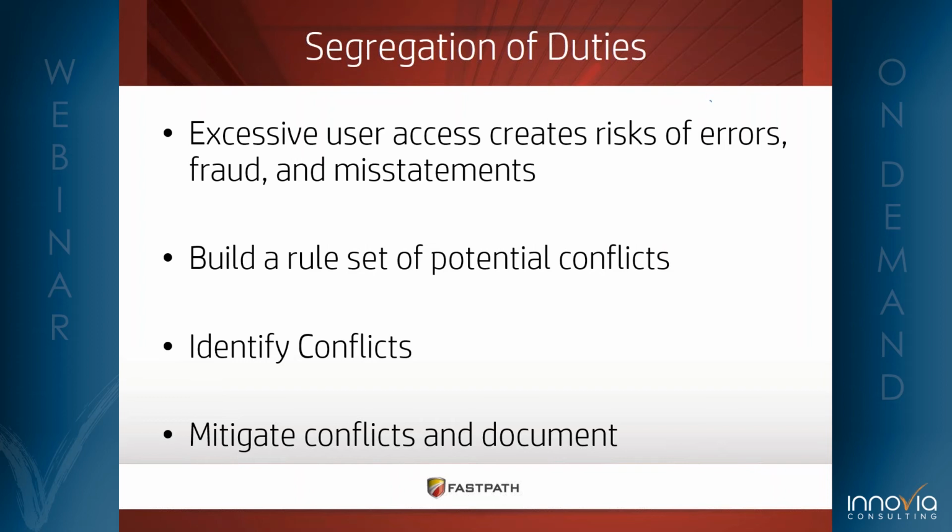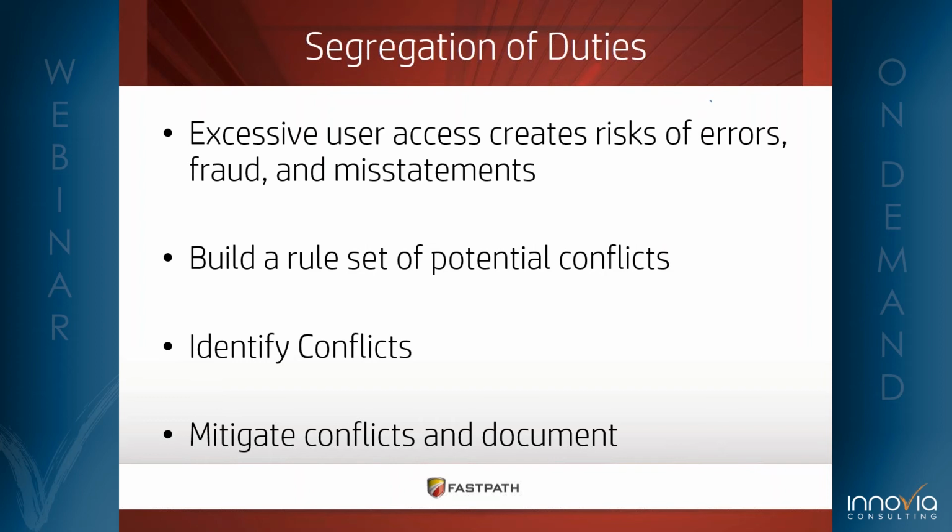So if we go back to the example of the user having access to create a vendor and then pay the vendor, a control would be that you're using changelog or some other audit trail product to monitor the vendor changes and creations, to make sure that vendors are being set up appropriately, that they're being given appropriate parameters, things not being changed inappropriately right before a check run, so that the remit to name doesn't change suddenly, things like that. So that's a potential control or mitigation for that conflict.